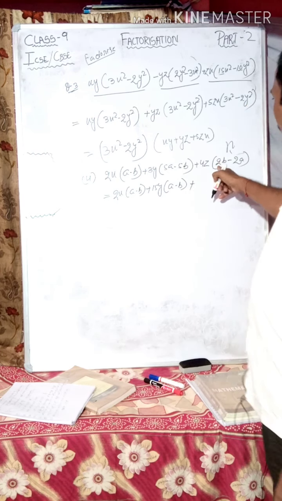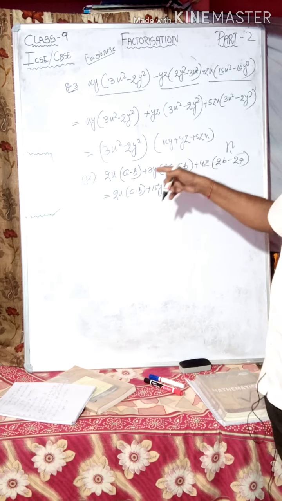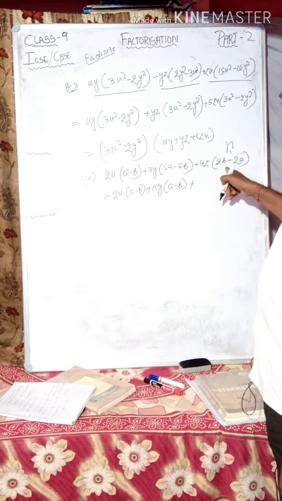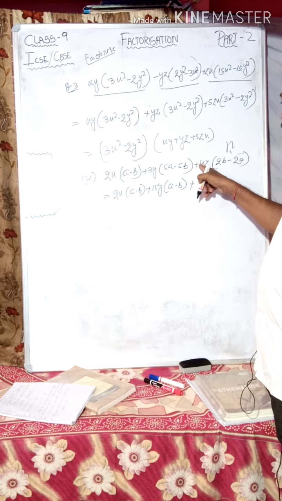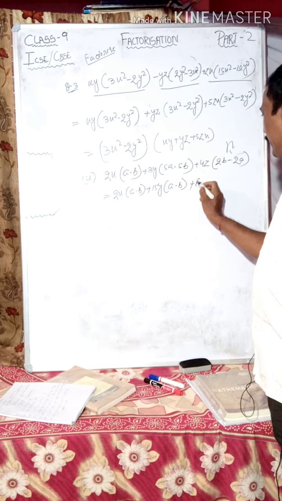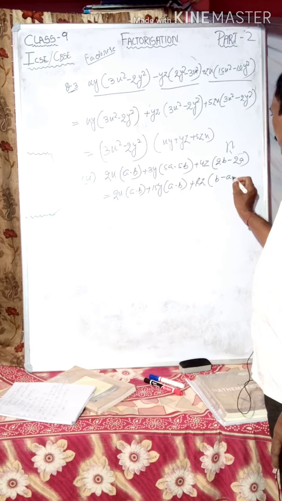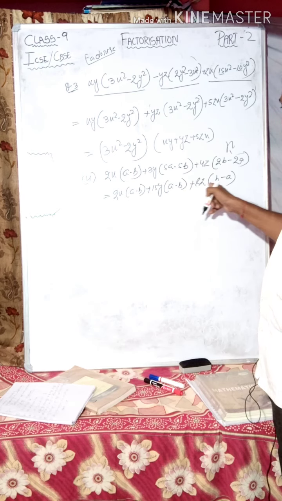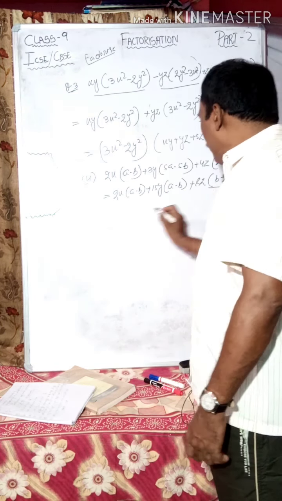Plus, here is 2, here is 2, take it as another common. Here 4z is already taken as common, but we will take another common, 2. So 4 into 2, 8z whole into b minus a. Here a minus b, here a minus b, but here it is b minus a. Now it will be turned into a minus b.